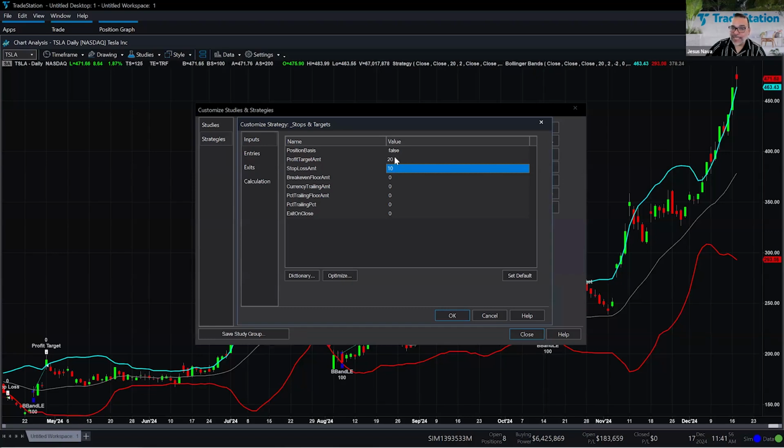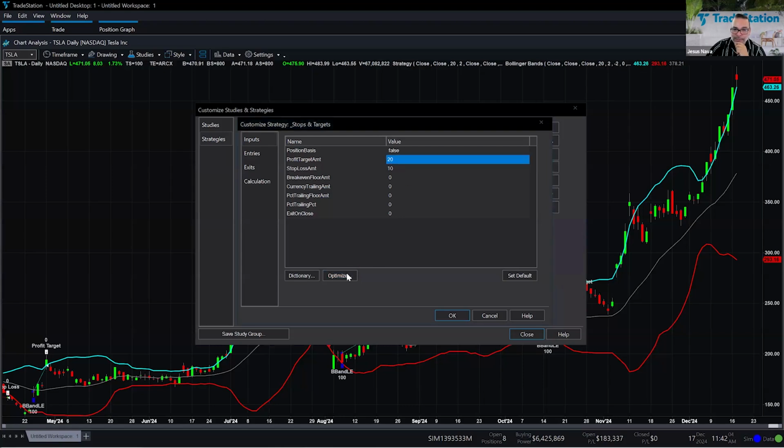And we do a lot of classes here on optimization, but let me go ahead and show you what this is capable of doing. I'm going to go here and highlight the 20, click on optimize, and I'm going to tell TradeStation to test from 10 all the way to 100 in increments of 10. So it's 10, 20, 30, 40, 50, 60, 70, all the way to 100.